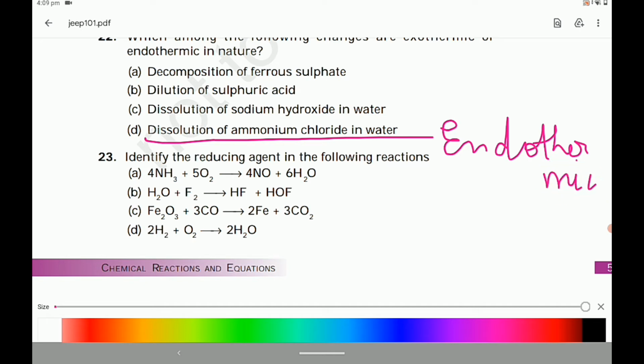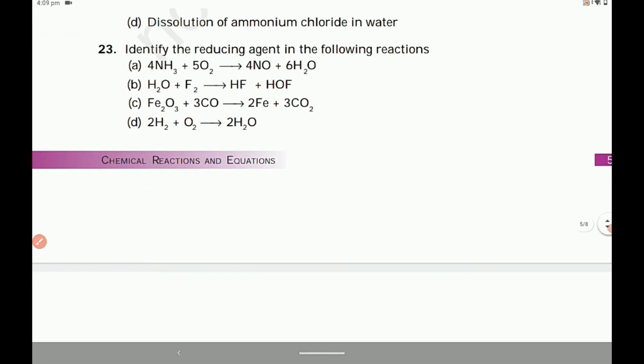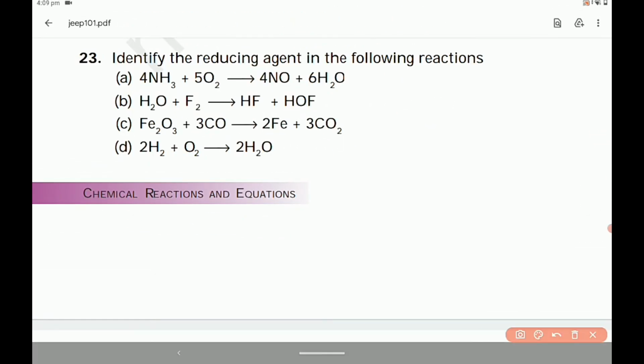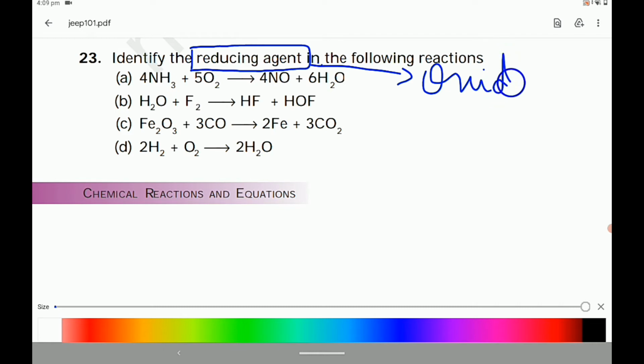Okay. Identify the reducing agents in the following reactions. Again, in the previous video I mentioned the reducing agents and the oxidizing agents. Reducing agents are the ones that themselves undergo oxidation, meaning addition of oxygen or removal of hydrogen.